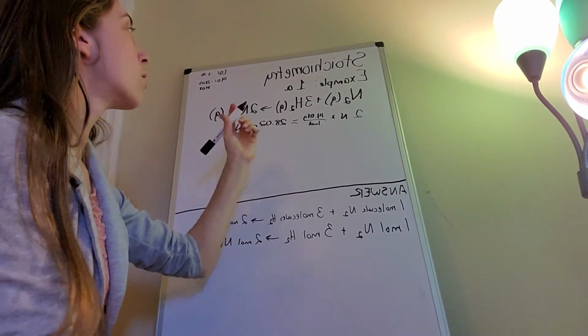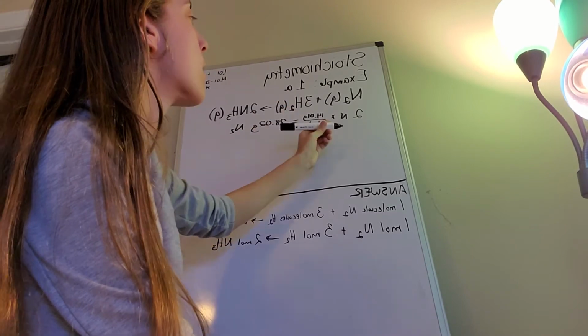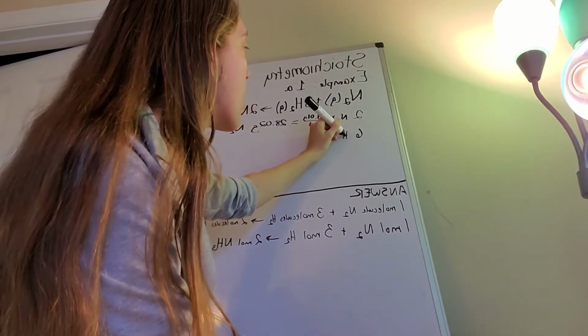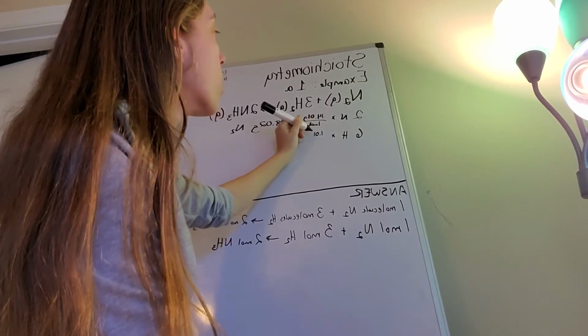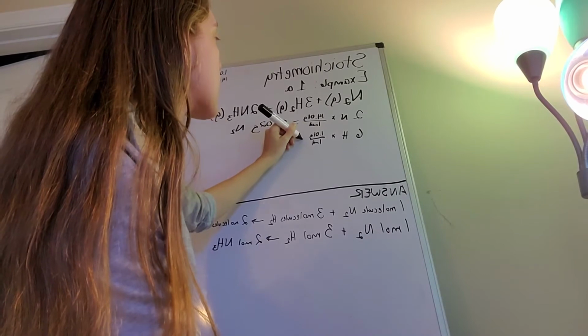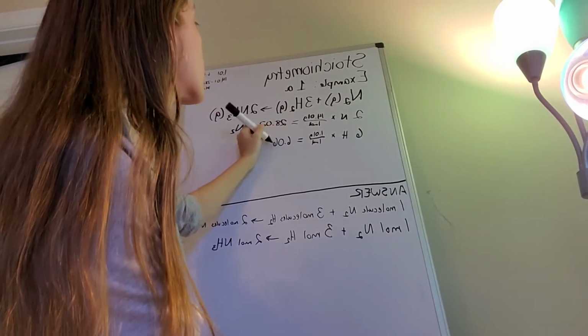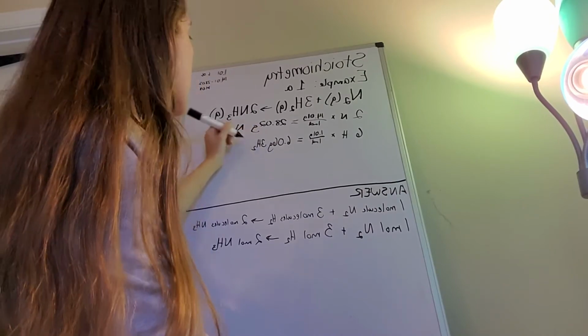We'll do the same thing for hydrogen. Here we have 6 total hydrogen atoms, okay? So 6 hydrogens, and the molar mass of 1 hydrogen is 1.01. Again, I'm rounding, over 1 mole. So 6 times 1.01 equals 6.06 grams, which gives us for 3H2.